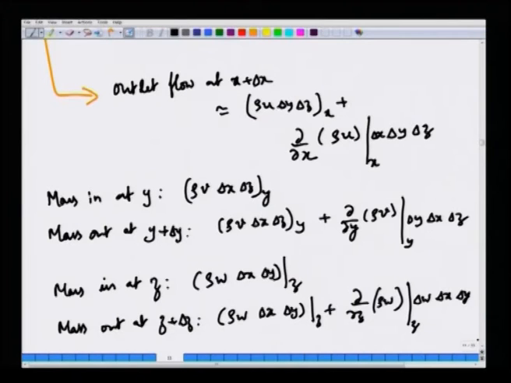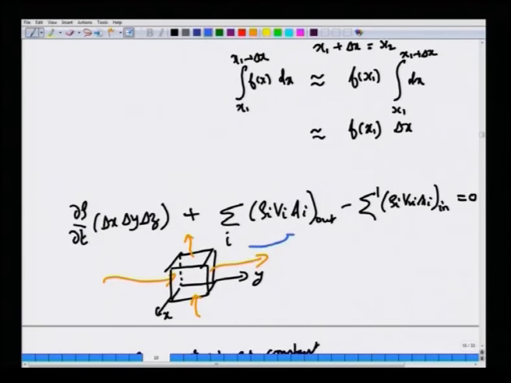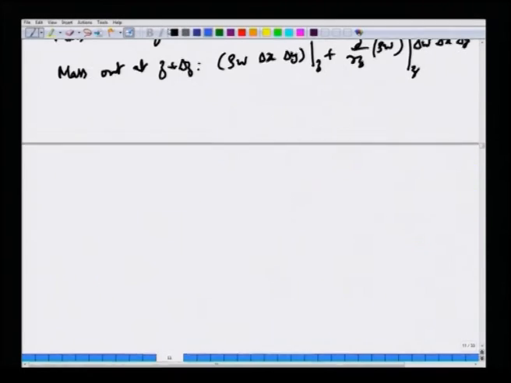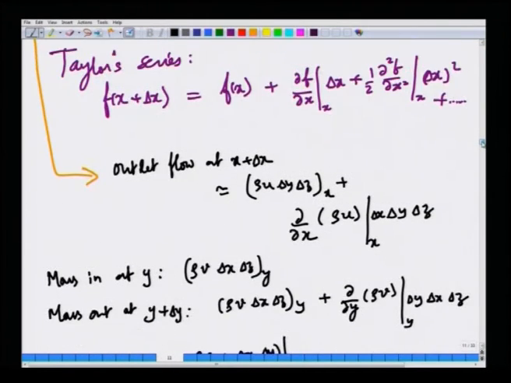If I substitute all these expansions in the first equation, this equation, okay, I am going to do that, then what I will get is the following: d rho dt times delta x delta y delta z plus, now let us take terms one by one.